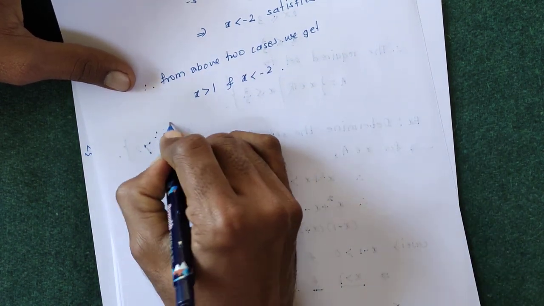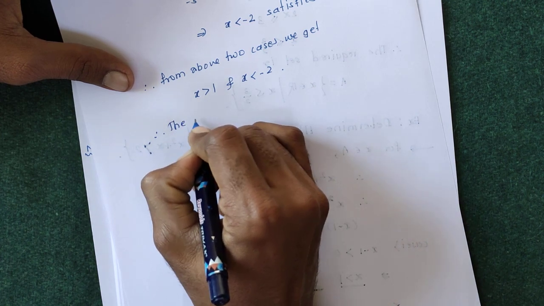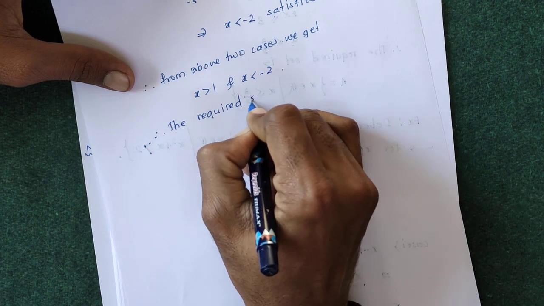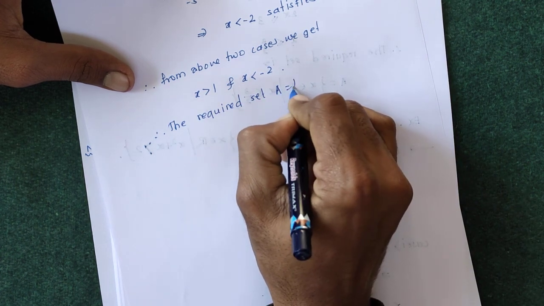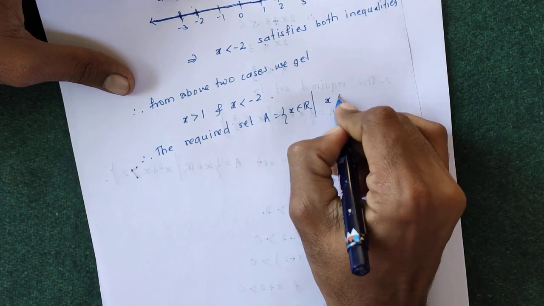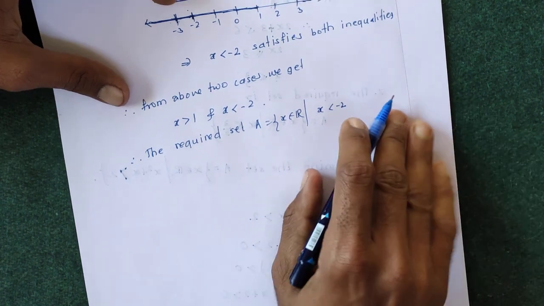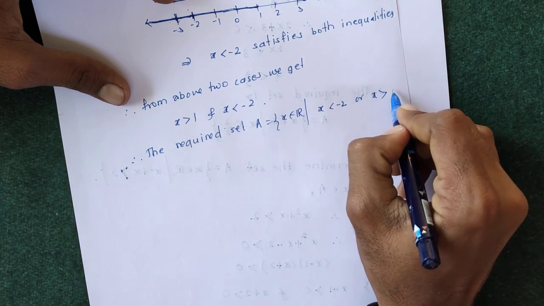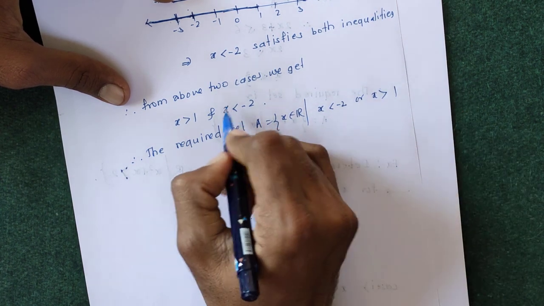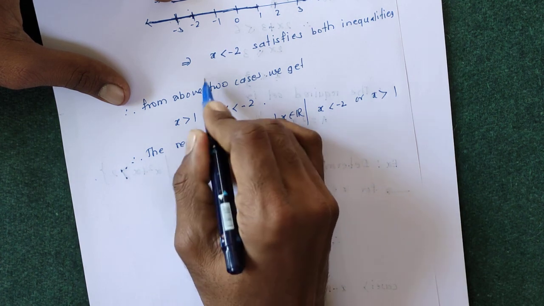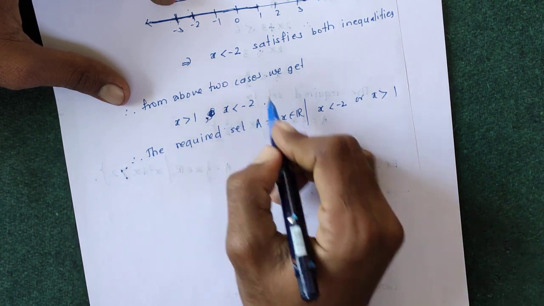Hence the required set A is the set of real numbers such that the real numbers are less than minus 2 or the real numbers are greater than 1.